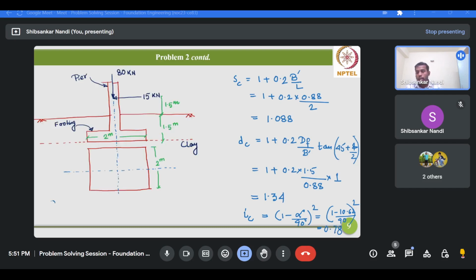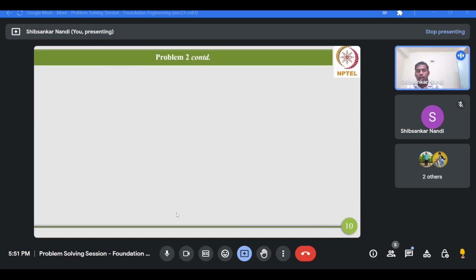And the net ultimate bearing capacity Qnu is c Nc Sc Dc Ic. Now you have to just simply substitute these values.